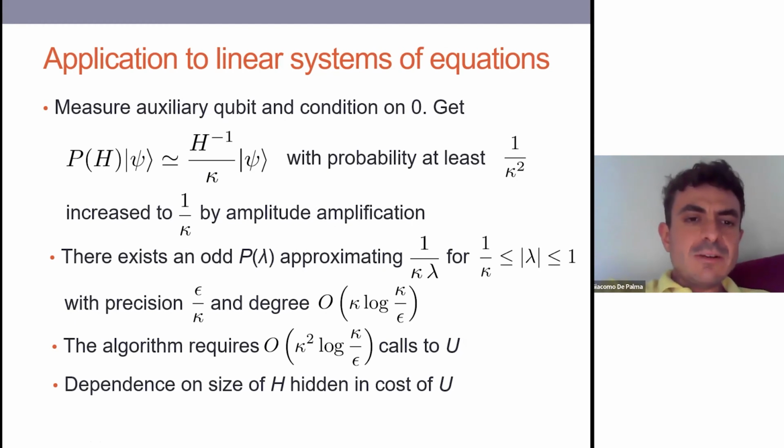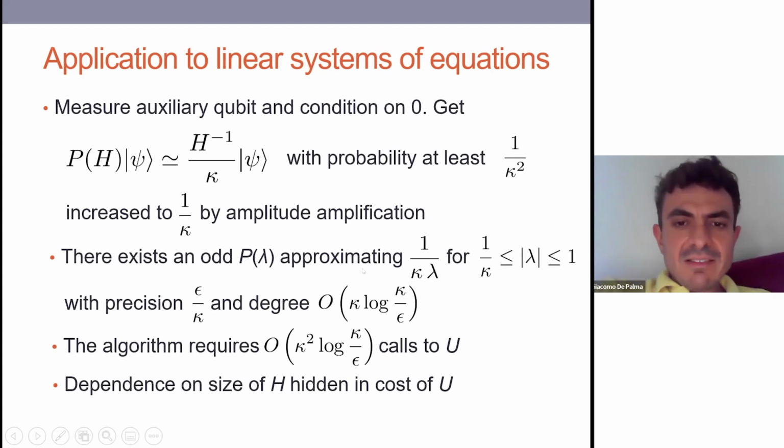Now, if you want to know what's the complexity of this, you need to know what degree we need to approximate the inverse function as a polynomial. And then there is this result. If we want to approximate the function 1 over kappa lambda for lambda in the range between 1 over kappa and 1 with precision epsilon over kappa, and we have the 1 over kappa in the precision because we have divided the inverse function by kappa, this will correspond to approximating 1 over lambda with precision epsilon.